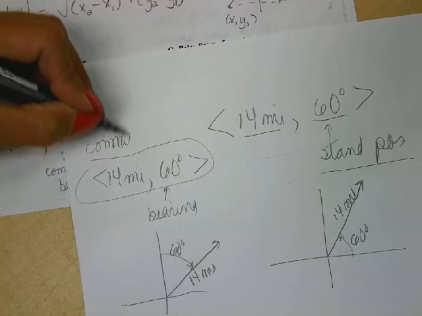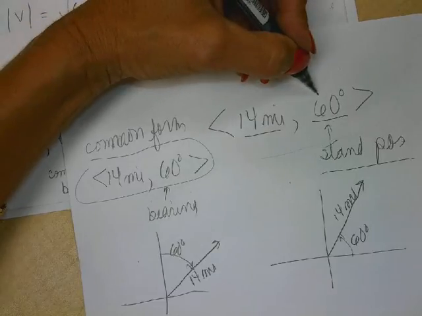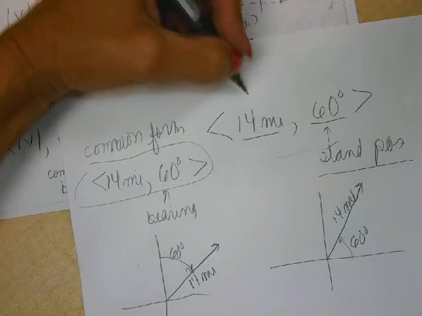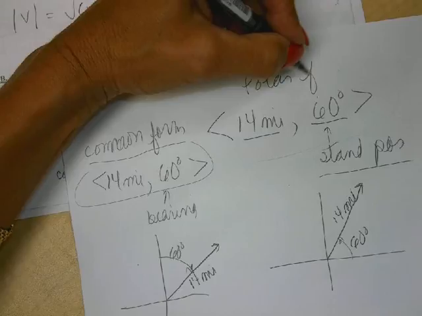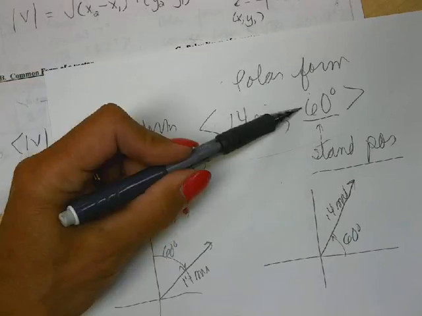We call this form in this class the common form vector. If I have this angle in standard position, we'll call that the polar form.